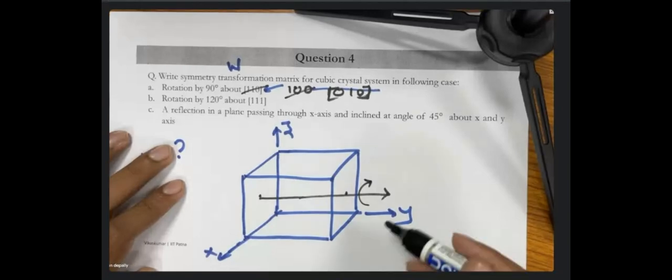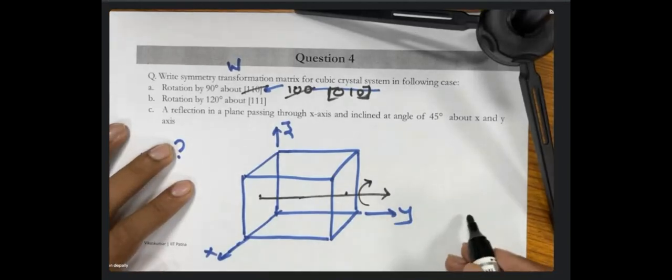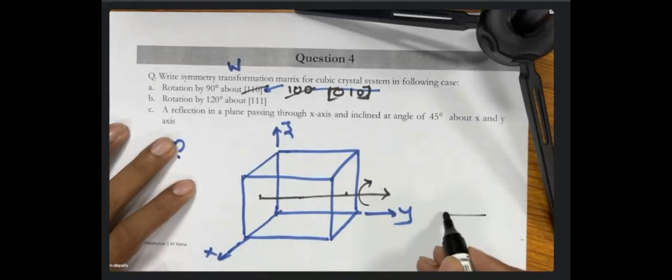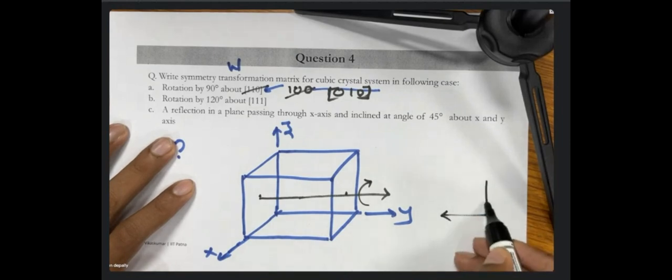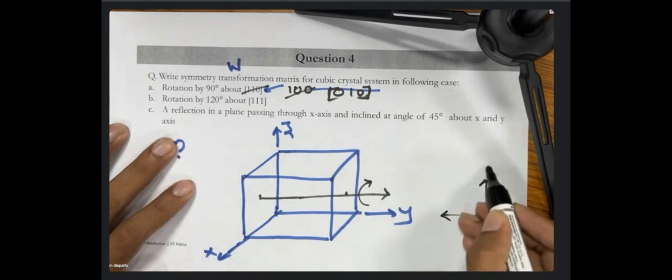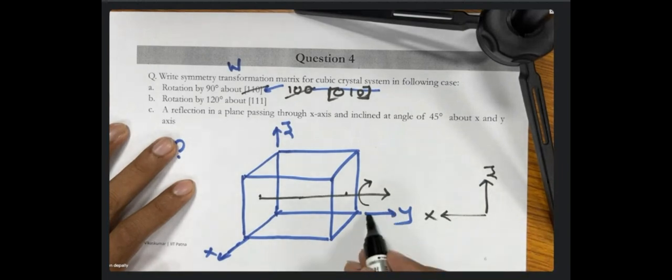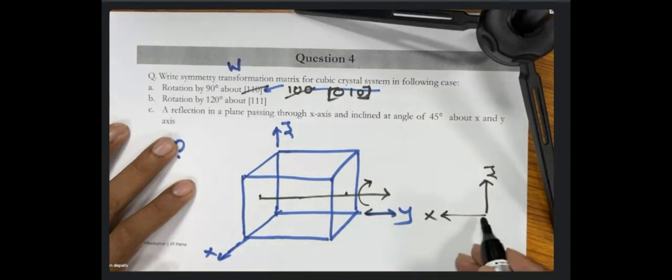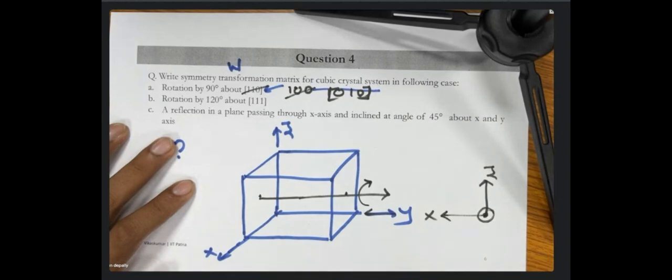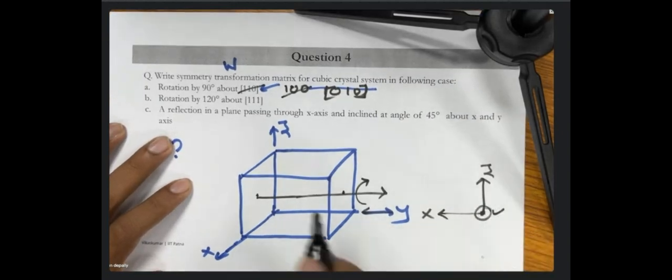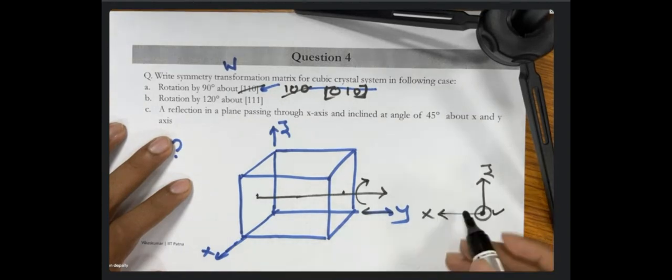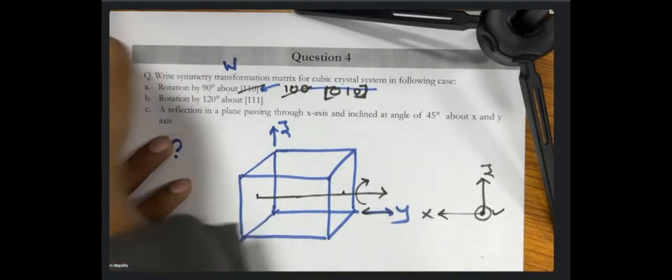So seeing from the y direction, let's plot our x. This is x and this is, sorry, this is z. We are seeing from this particular direction. Seeing from here, this is our x, this is our z, and this will be the y-axis. Now we are transforming about this axis by 90 degrees in this direction.